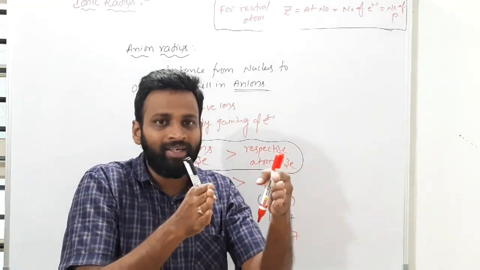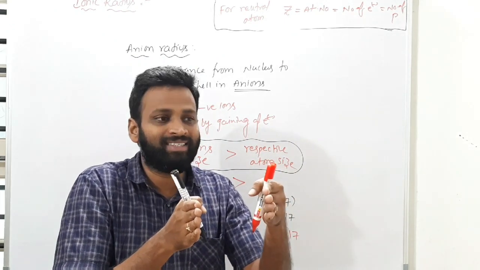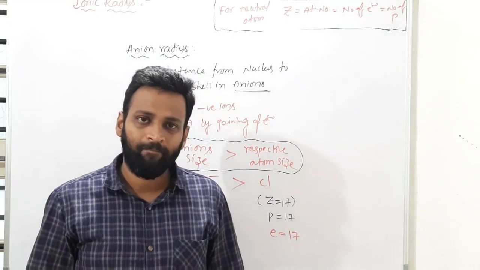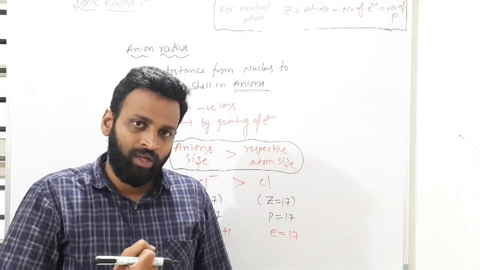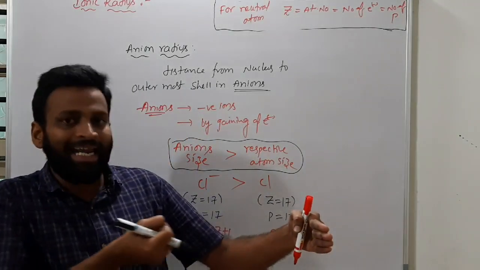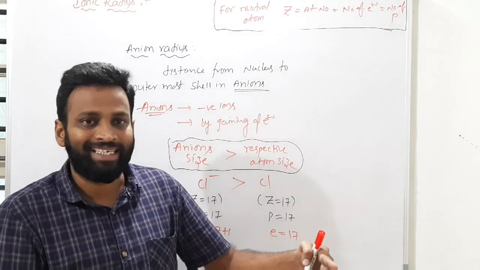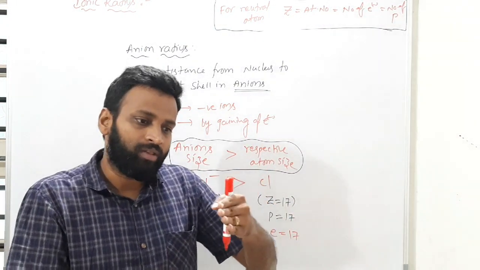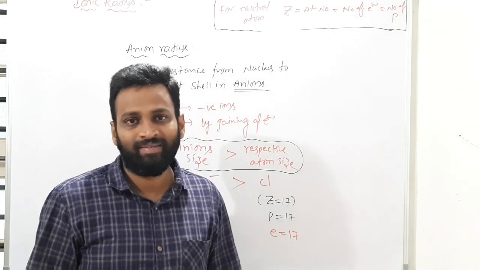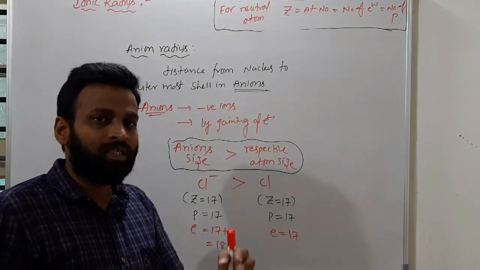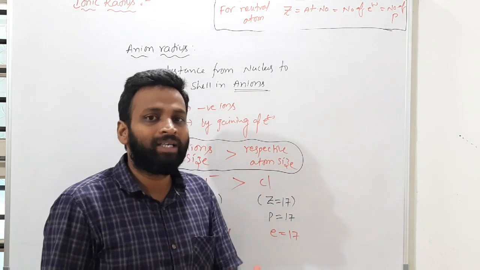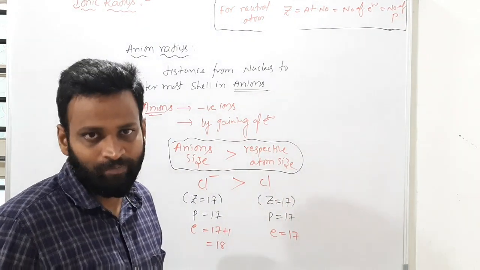One extra is there, so some repulsions are there. Where protons are more, they attract electrons towards the nucleus, so size decreases. Where electrons are more, they go away from the nucleus. This is very, very important: we have to understand protons and electrons comparatively.